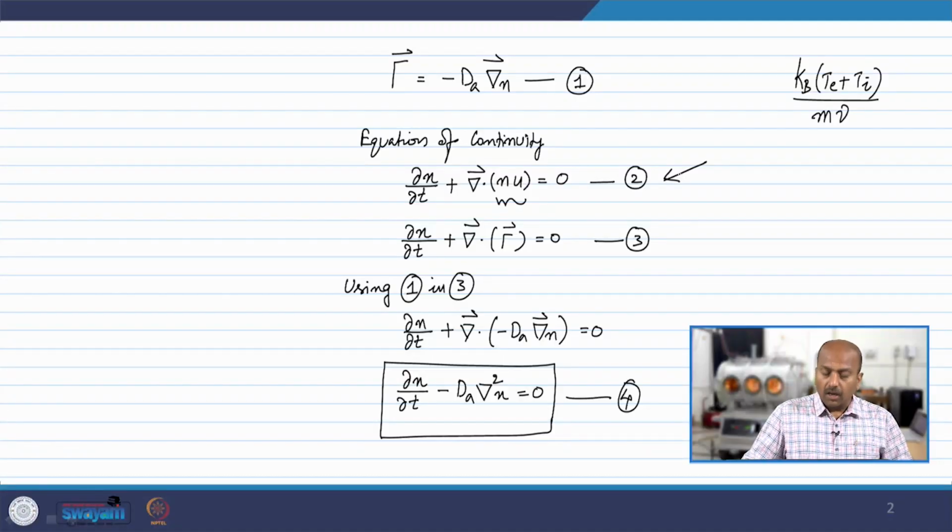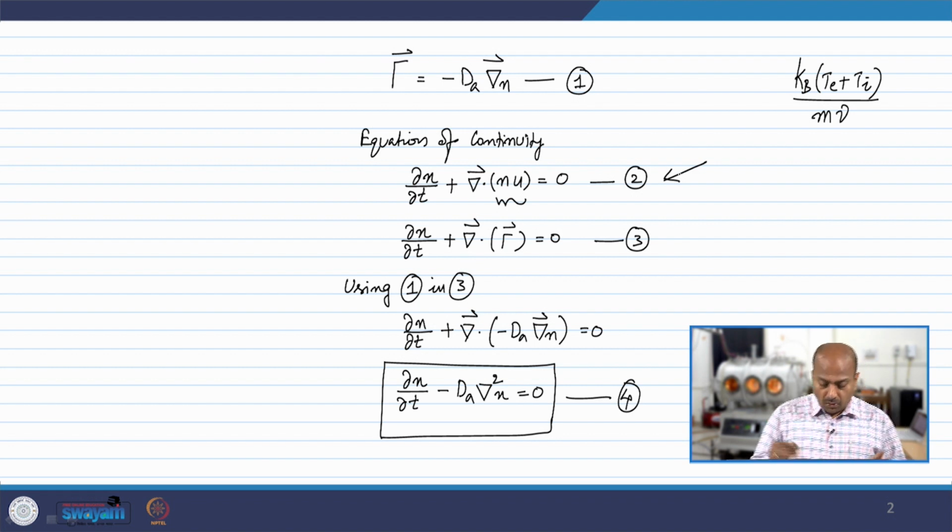In this process, they may encounter collisions, which have a frequency, because the diffusion coefficient comprises all this information, right. So, we have been able to write the continuity equation in terms of the ambipolar diffusion coefficient. Okay. This tells you how the spatial and temporal variations can be understood in the context of diffusion.